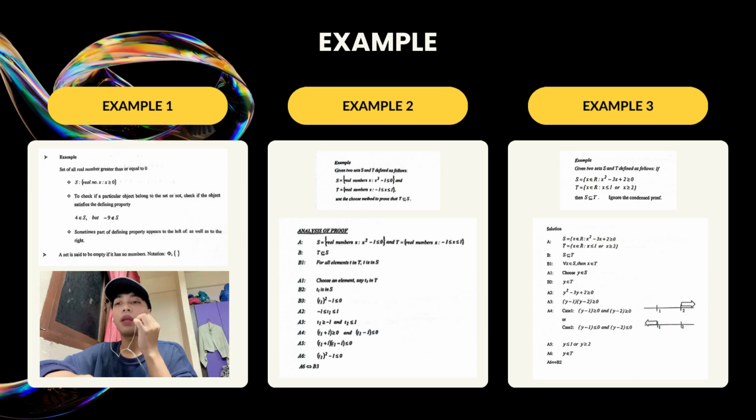A3, (y minus 1)(y minus 2) is greater than 0. A4, case 1: y minus 1 is greater than 0 and y minus 2 is greater than 0, or case 2: y minus 1 is less than 0 and y minus 2 is less than 0. And A5, y is less than 1 or y is greater than 2, which implies y is an element of T. So the answer is A5 to B2.